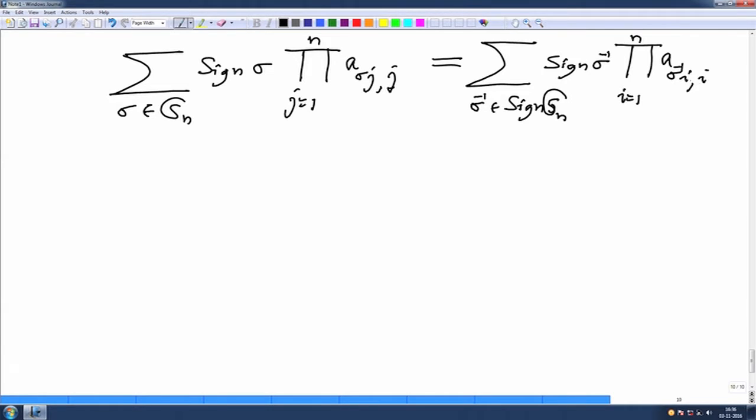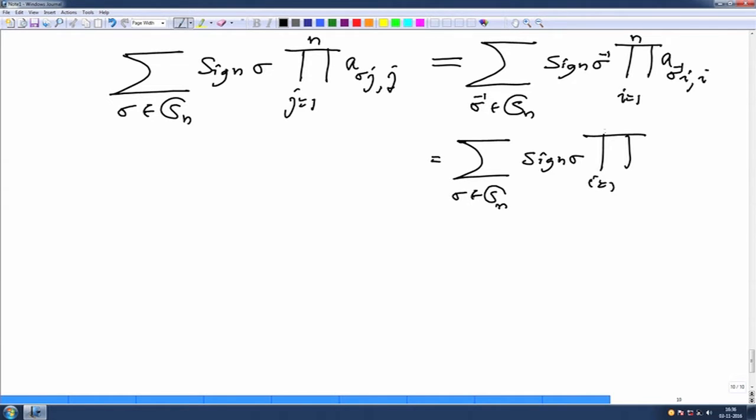But then when I switch to this, the sum is over σ in Sn, sign of σ, product i from 1 to n, A_{i, σ(i)}. So this is by definition the determinant of the transpose, because the indices have changed.